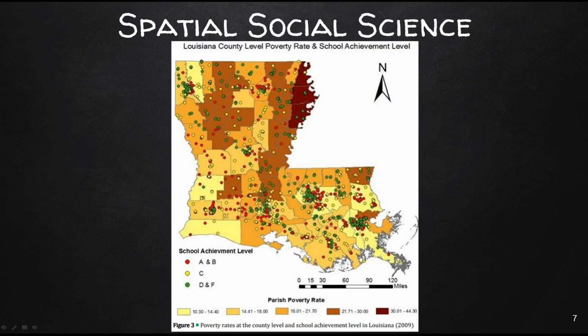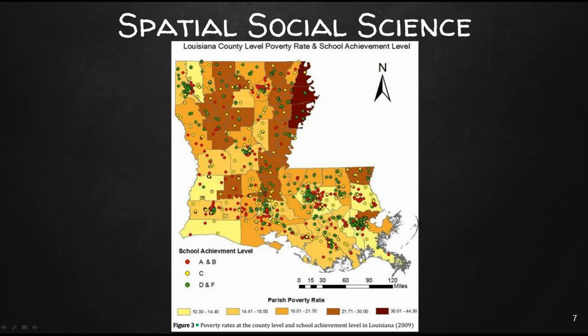In this map, researchers used student achievement and poverty data in Louisiana in 2009. It shows the distribution of schools in Louisiana by county, poverty level, and school performance, which are labeled A, B, C, D, and E or F. As you can see, there's great variation in the state with regard to the distribution of poverty, with the greatest occurring in the northeast corridor.